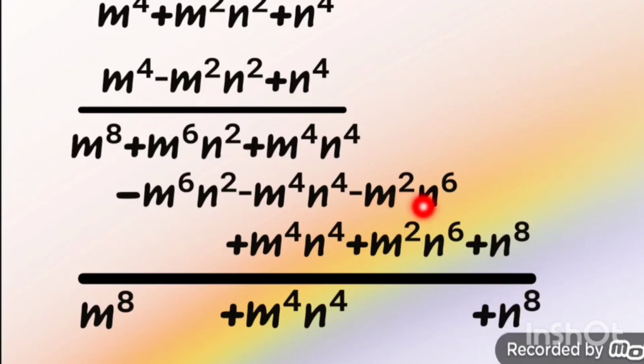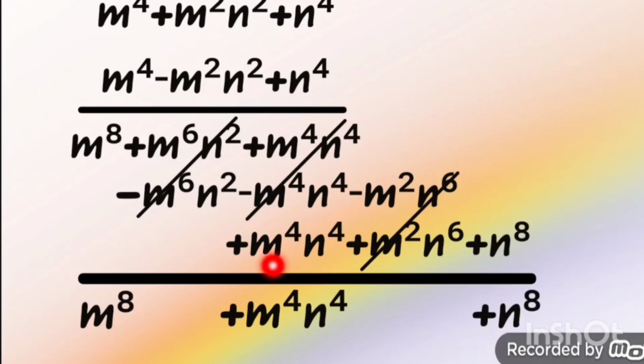M square n raised to power 6 minus m square n raised to power 6 and plus m square n raised to power 6 will be cancelled out, as these are the same terms with the opposite sign. Similarly, m raised to power 4 n raised to power 4 will be cancelled out with minus m raised to power 4 and n raised to power 4.